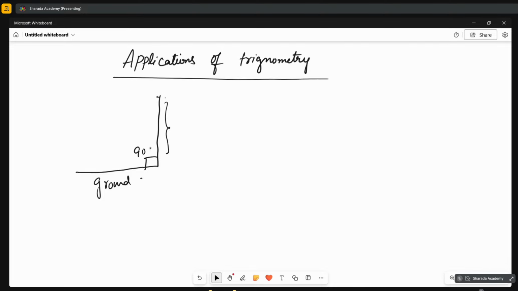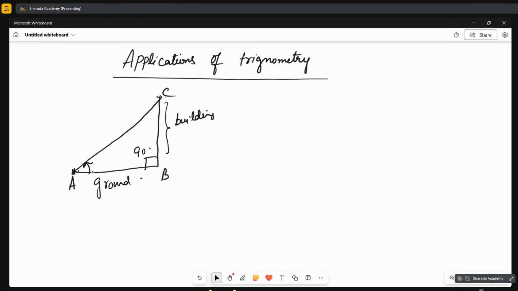Okay. So next, angle of elevation. Think, for example, this is a building. From this point A, what is the angle of elevation?